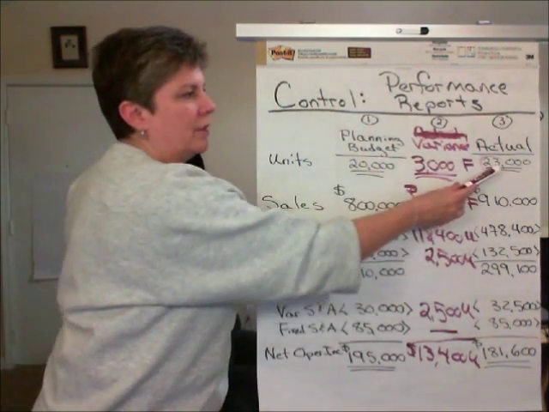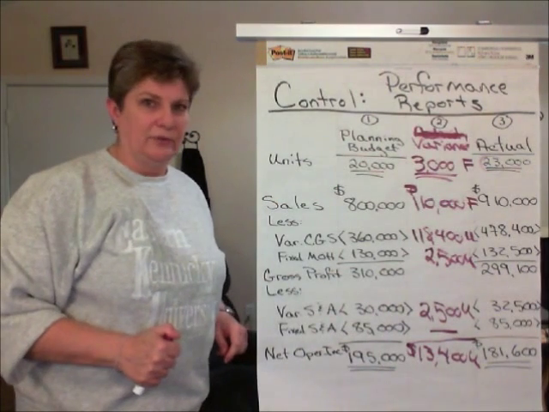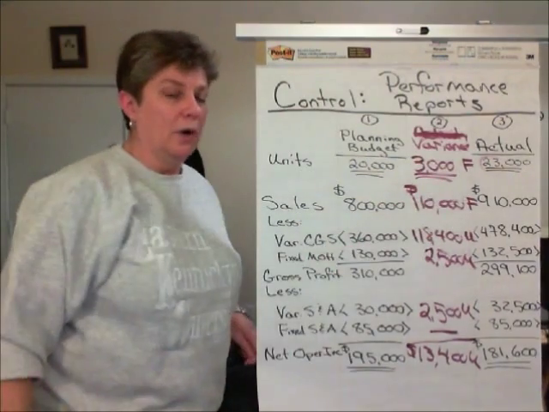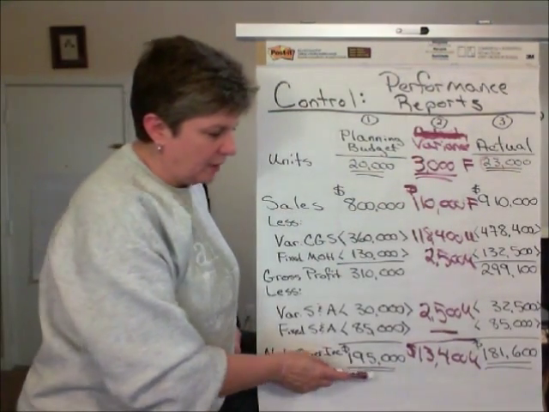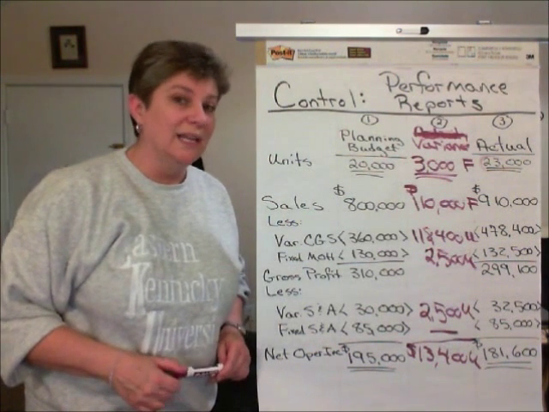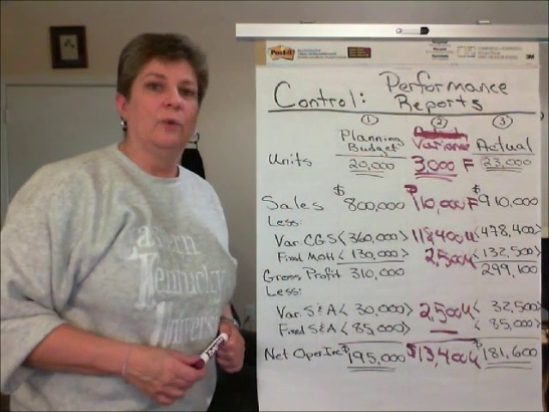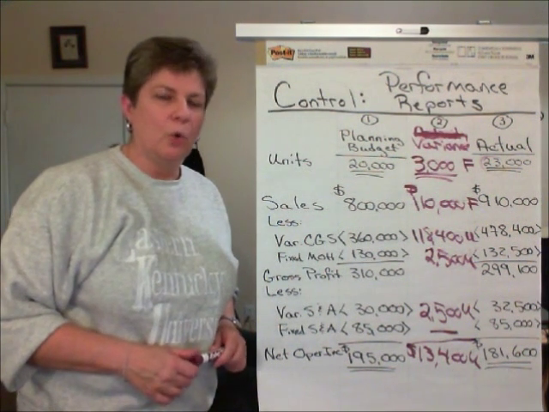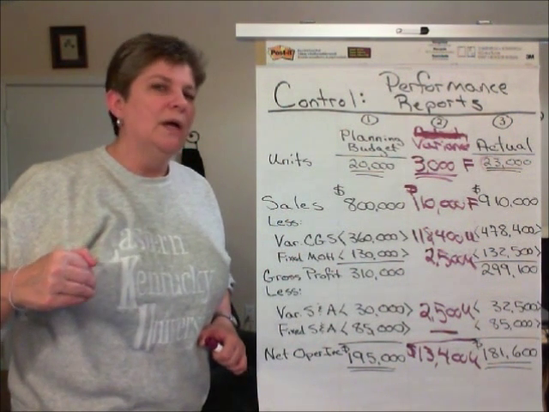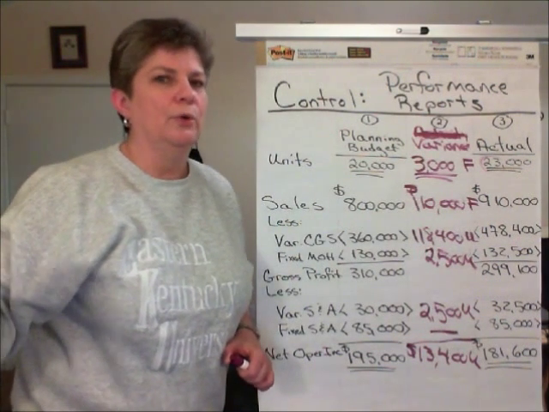We sold 23,000 units when we planned 20,000. Revenues were higher, but the bottom line net income is $13,400 less than they expected. So that is going to have people asking questions, and we will look in the next video at a way that we can get to answering those questions.